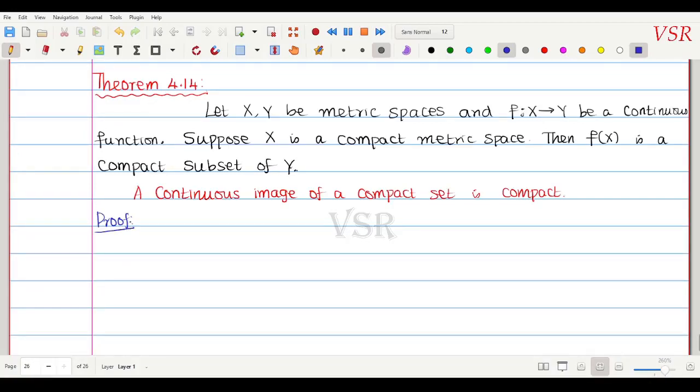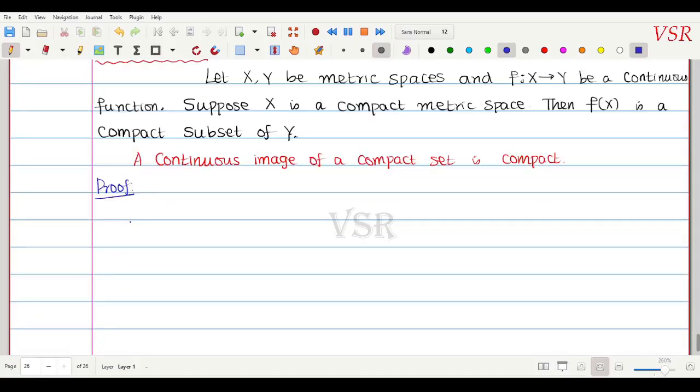ரொம்ப சிம்பிள், வேற ஒண்ணுமே இல்லை. என்ன ப்ரூஃப் பண்ண போறோம் அப்படின்னா அதுல என்னெல்லாம் கொடுத்துருக்காங்க எழுதிடும்.